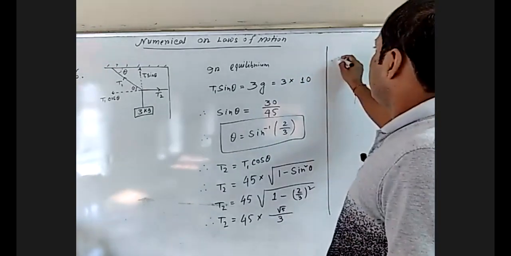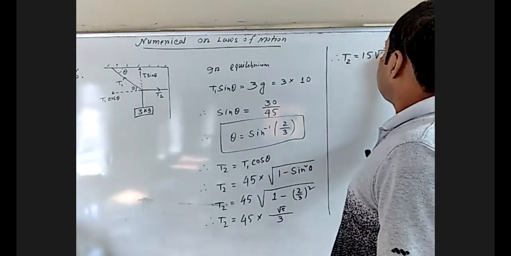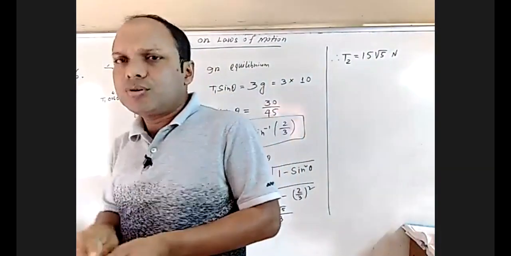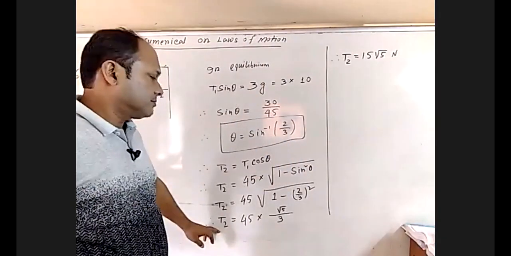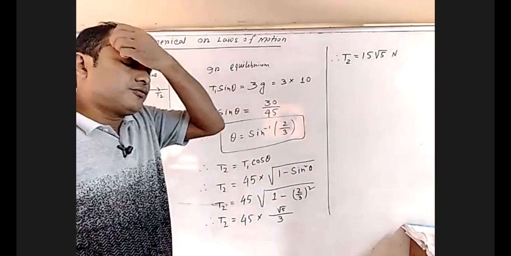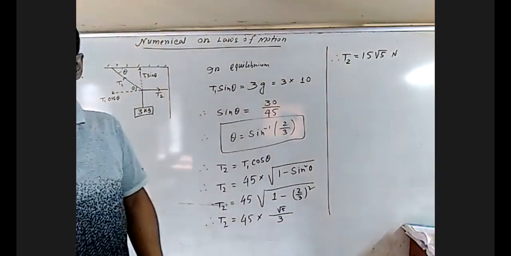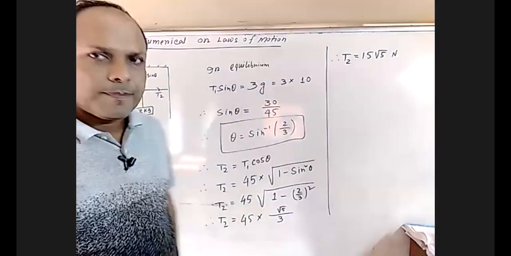Right. Therefore, T2 equals 15 root 5 Newton. So your answer is: the tension T2 is 15 root 5 Newton, and theta equals sin inverse 2 by 3. Okay.